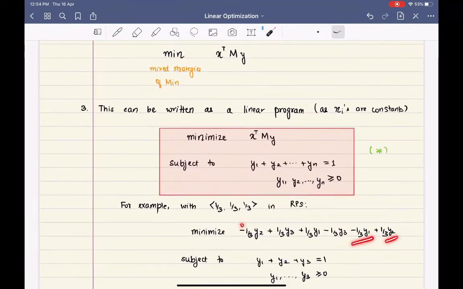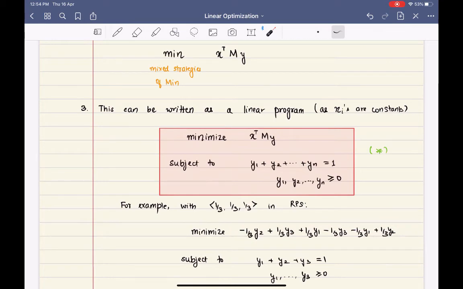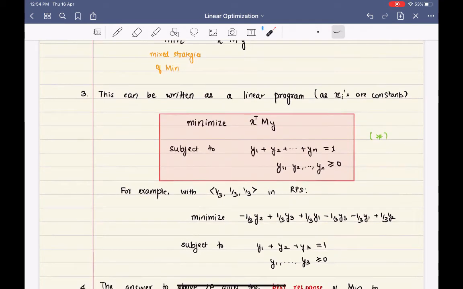You can see that this actually sums out to be 0. So for this particular LP, the cost is 0. But if this was not 1/3, 1/3, 1/3, then there will be a linear function on the y's, and that will turn out to be an LP.